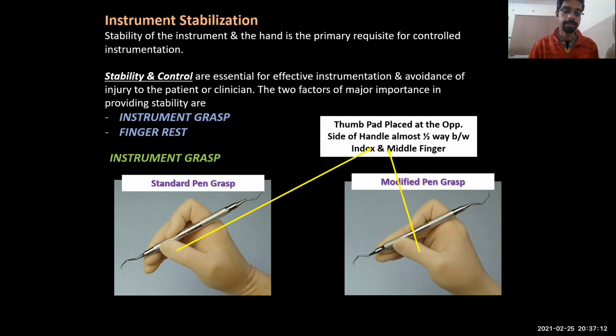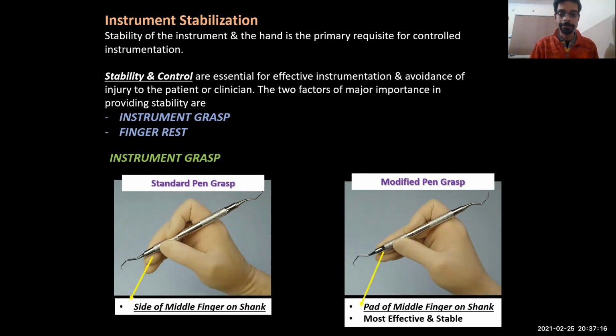Now, the main difference lies in the placement of the middle finger or the ring finger. In the standard pen grasp, the side of the middle finger is placed on the shank. See, this is the shank, and the middle finger's side is placed on the shank.